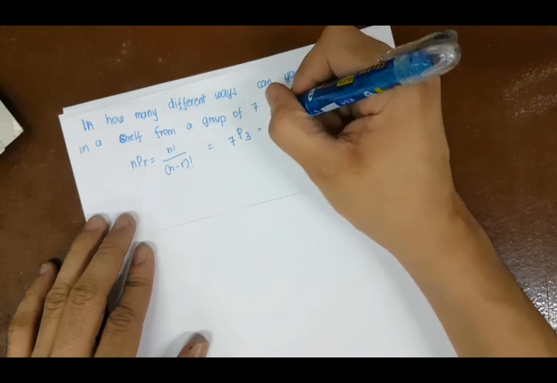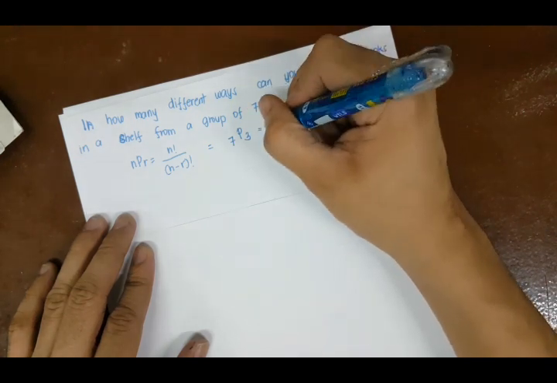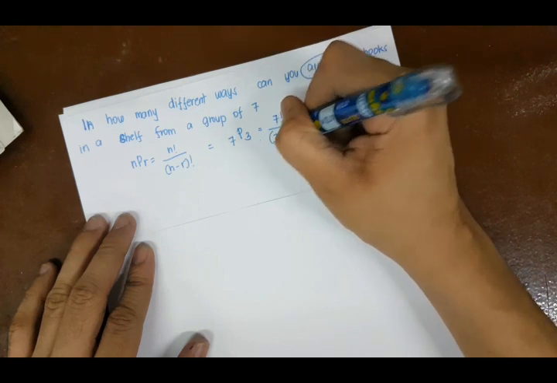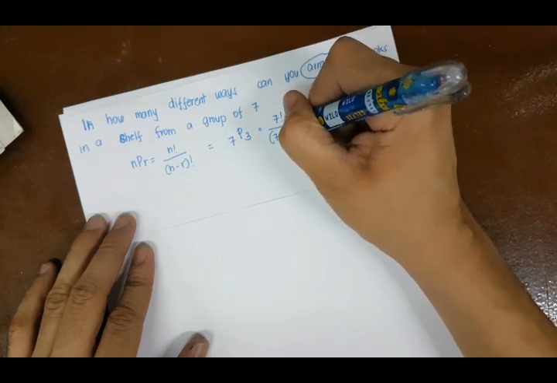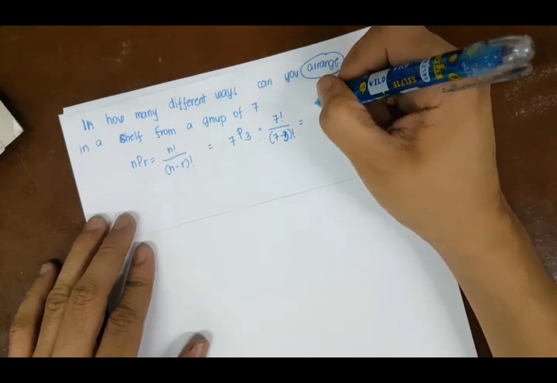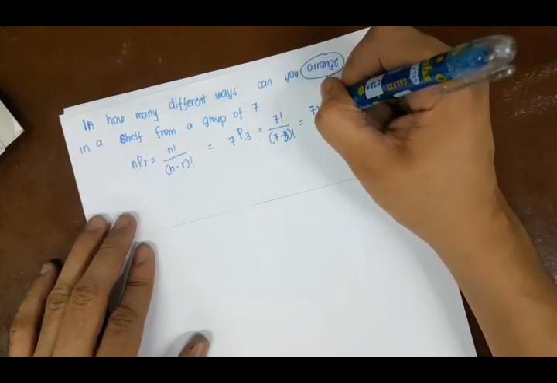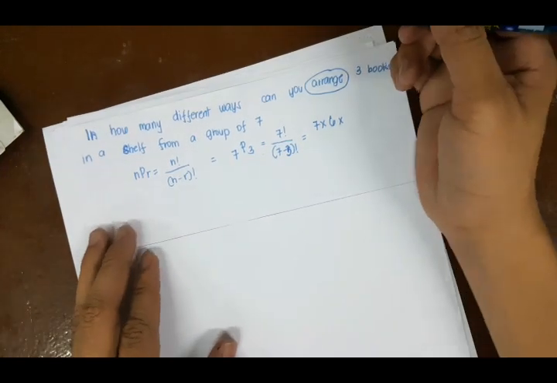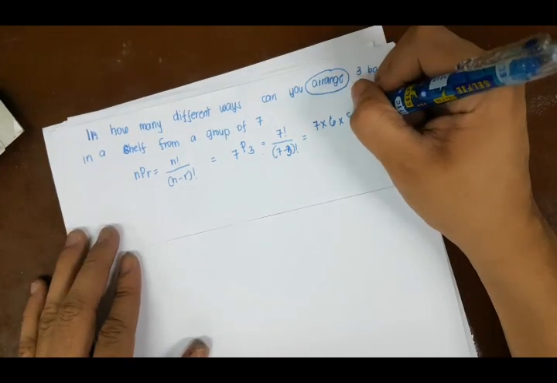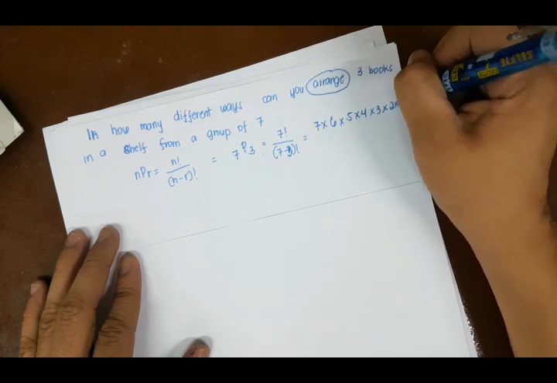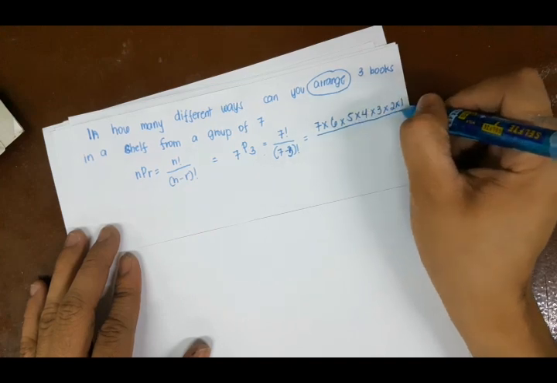So 7 factorial over 7 minus 3 factorial. 7 factorial is 7 times 6 times 5 times 4 times 3 times 2 times 1, all the way to 1.